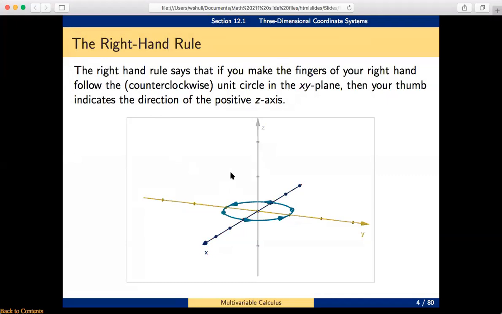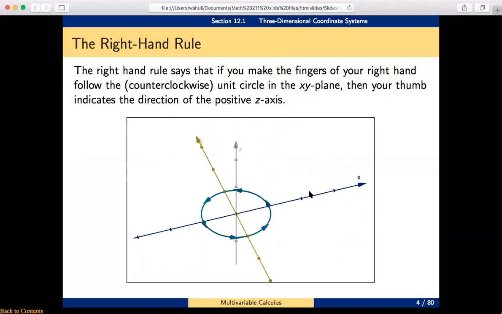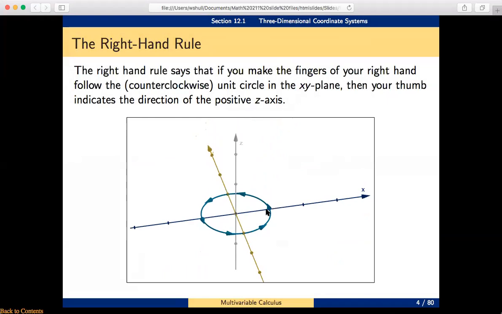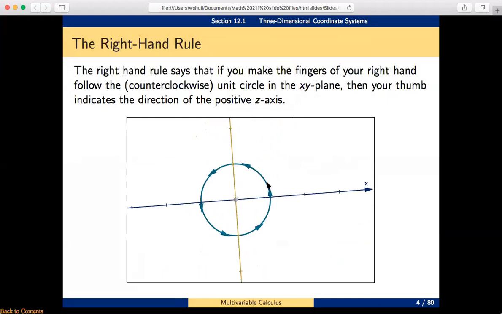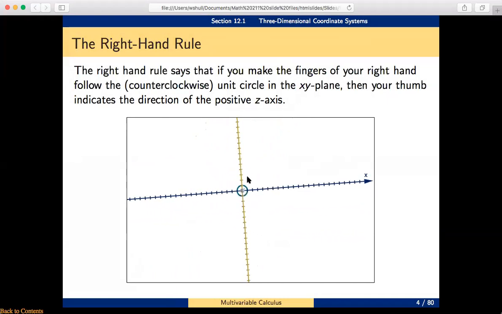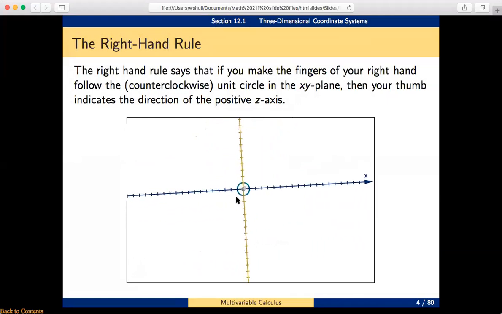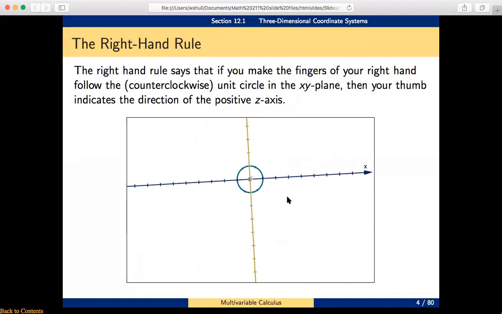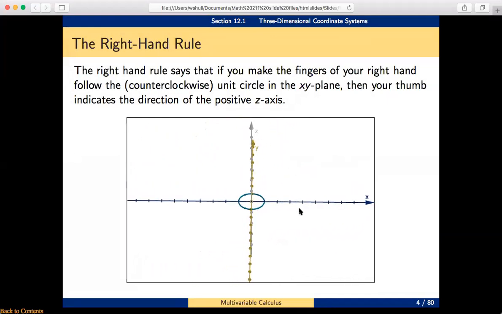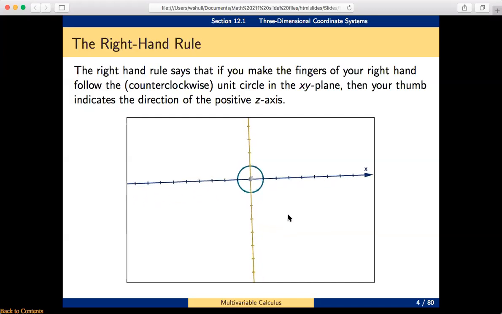So what the right-hand rule is: if you start by looking just in the xy plane, the positive y direction is what I'm now rotating to be toward the top of the screen.